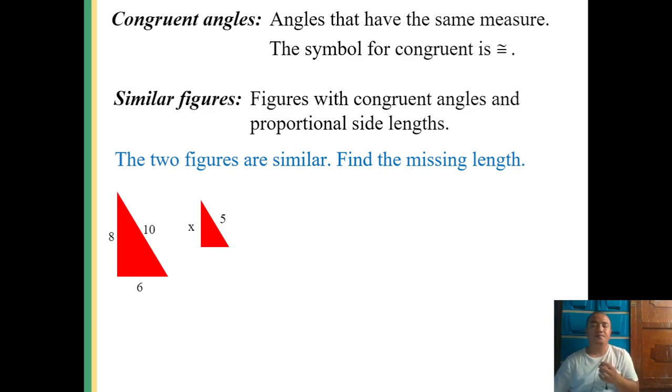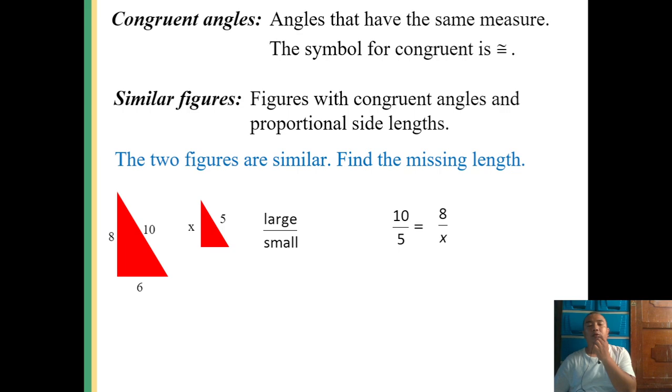Find the missing length. So if the two triangles are similar in the given figure here, that means their angles are equal. At the same time, their sides are proportional. So we can form an equation here. The corresponding sides are proportional. That means 8 over x equals 10 over 5 if we want to solve for x.